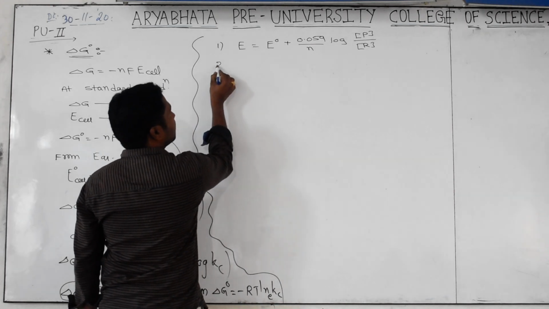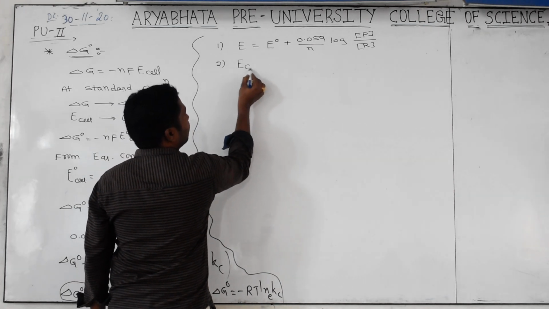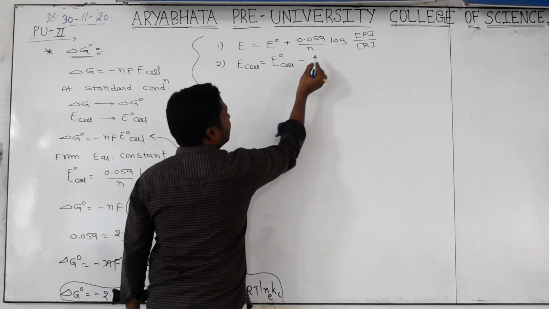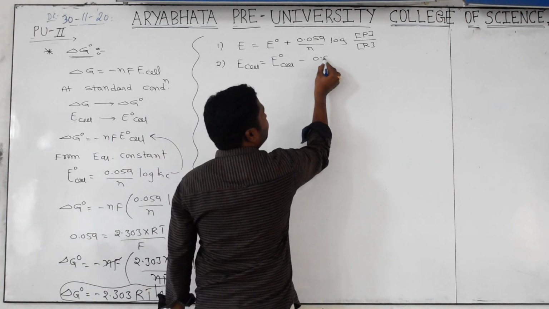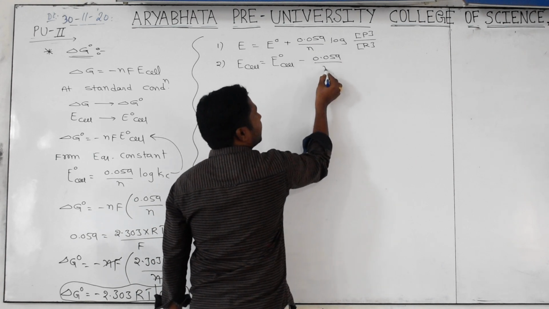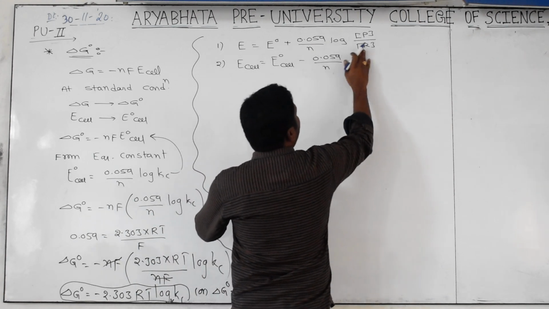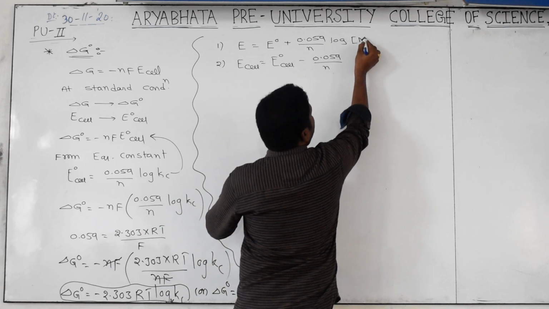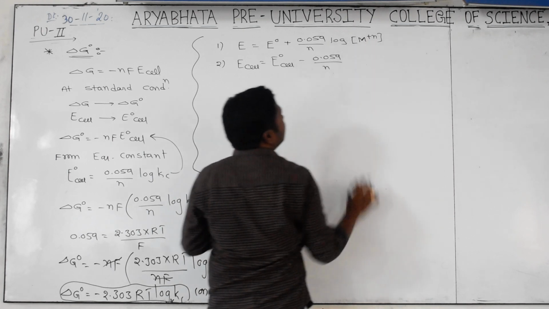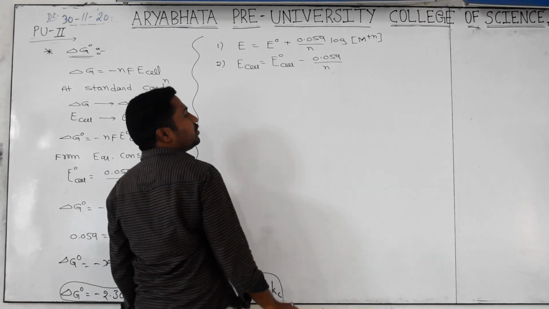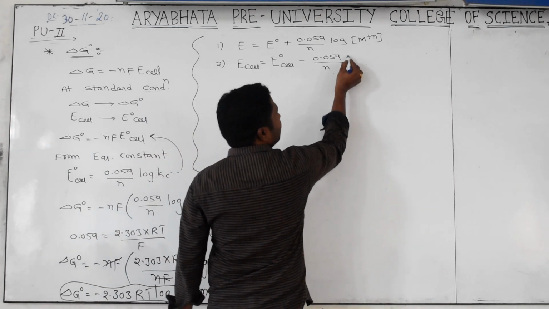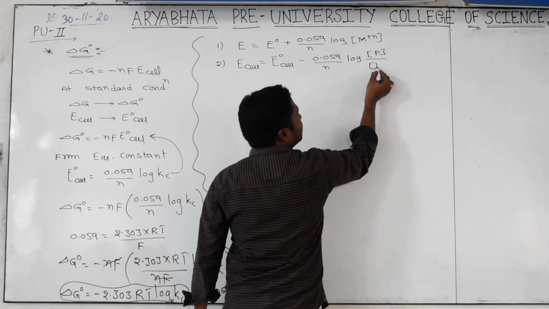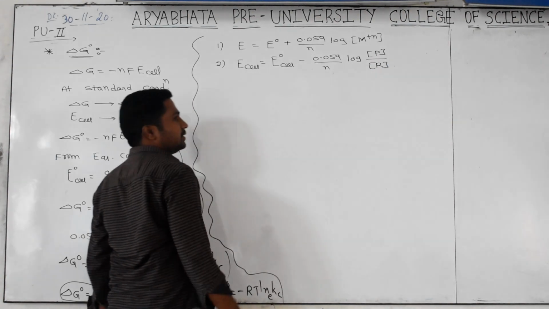And one more formula: EMF of the cell is equal to standard EMF of the cell minus 0.059 by n into log of concentration of the product ions by concentration of the reactant ions. We are taking only metal ions. Is it clear?